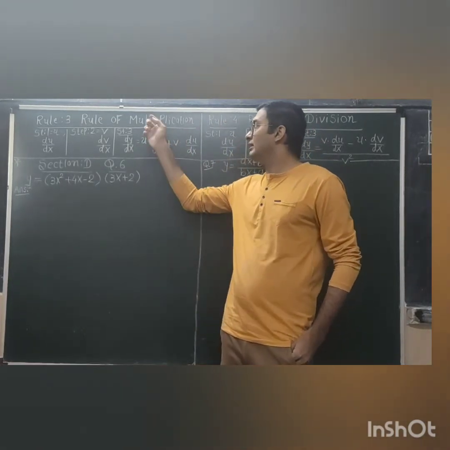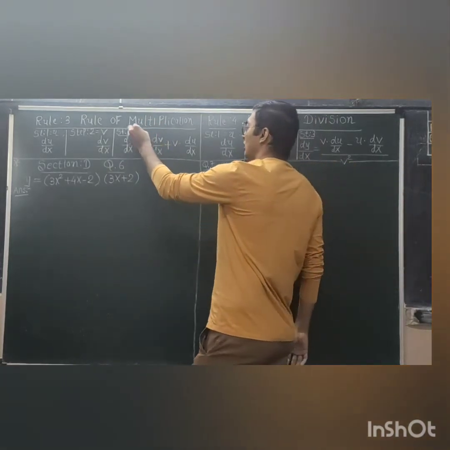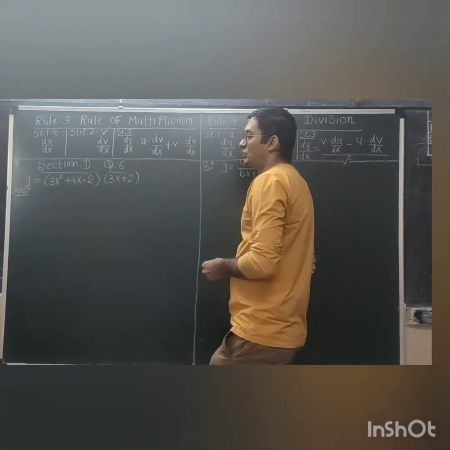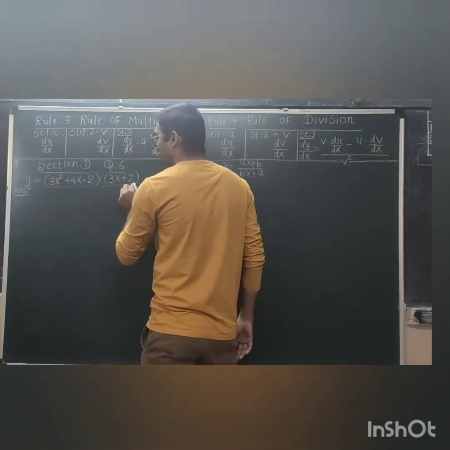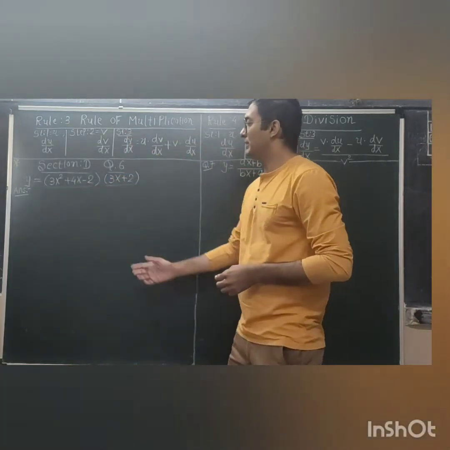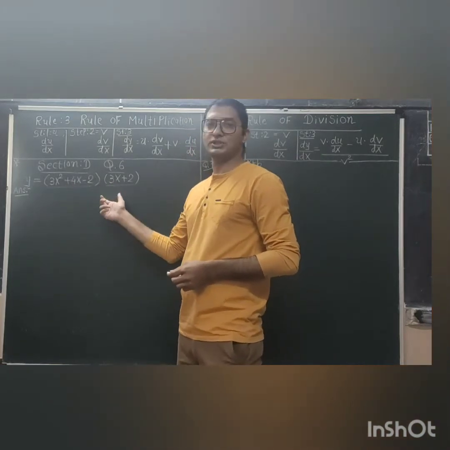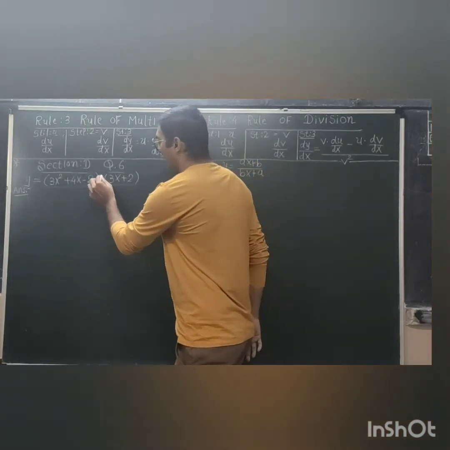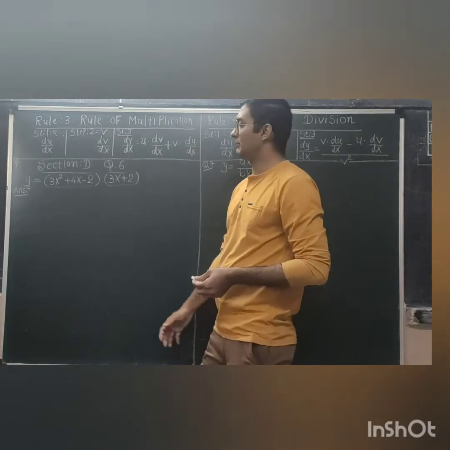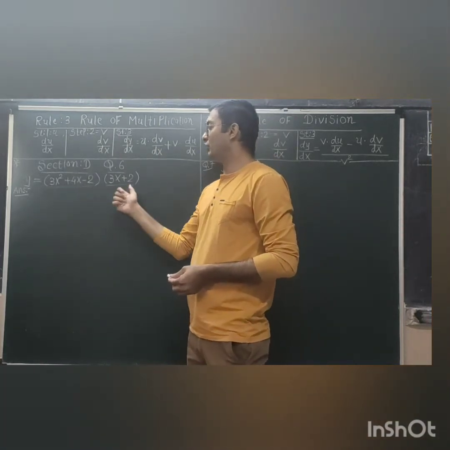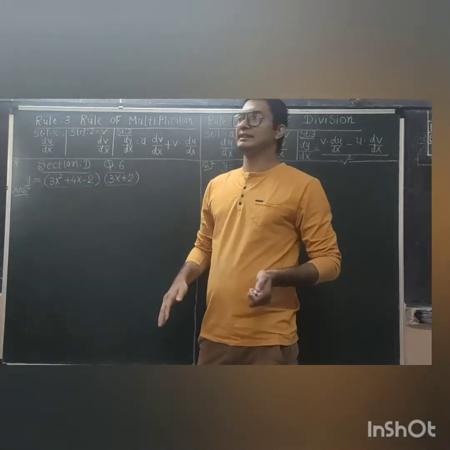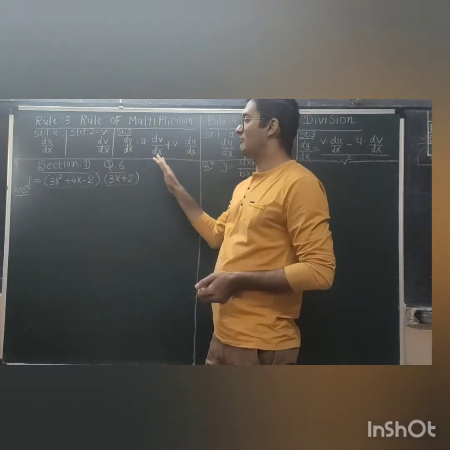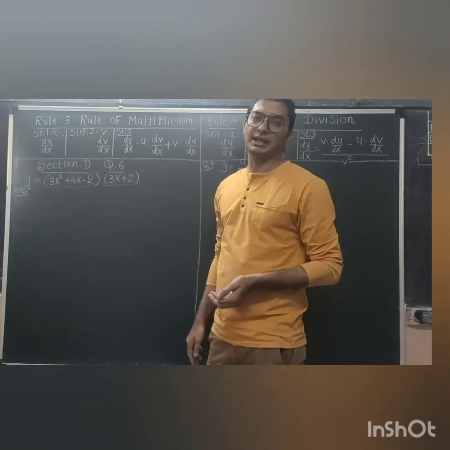If we want to apply the rule of multiplication, then you just have to check that there are two functions and between these two functions there is a sign of multiplication, meaning between these two brackets there is a sign of multiplication. So we can say that here the rule of multiplication will be applied.